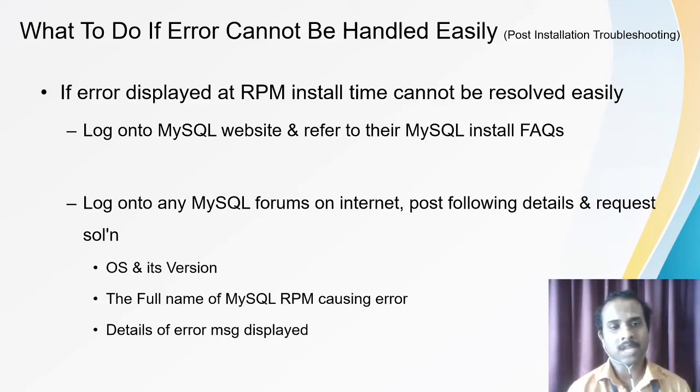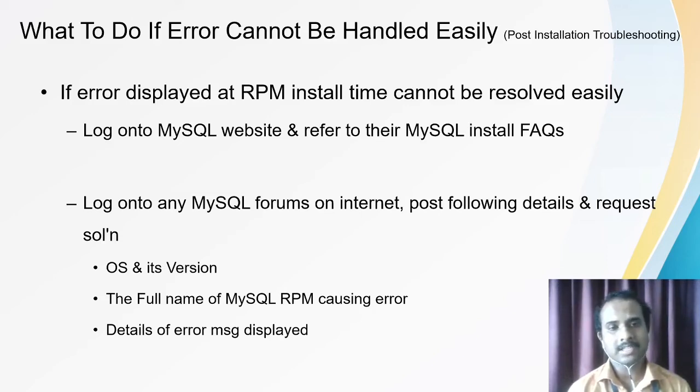Most of the time the answers or solutions are available there. But let us say that you are not able to get the solution, then you can go to the MySQL forums on the internet, post the details about the error, and request a solution.